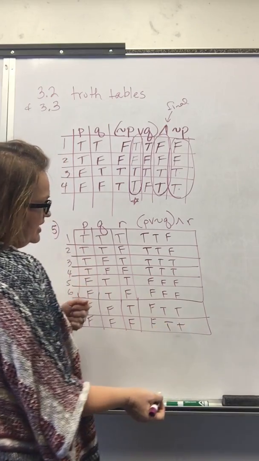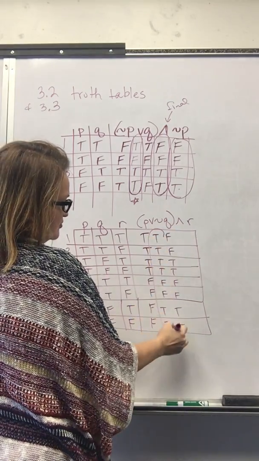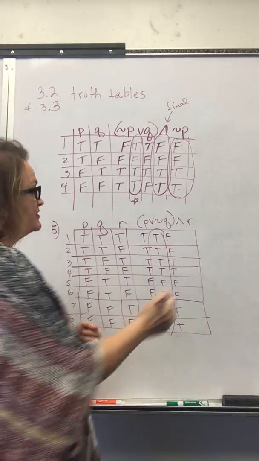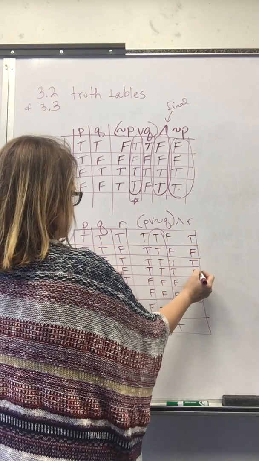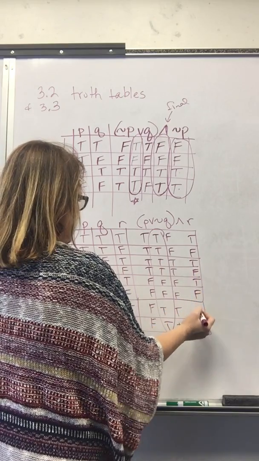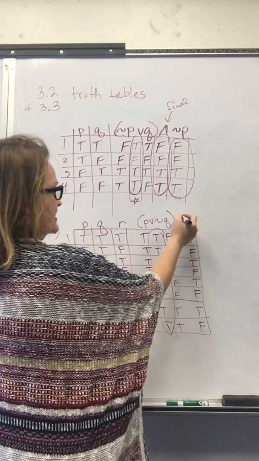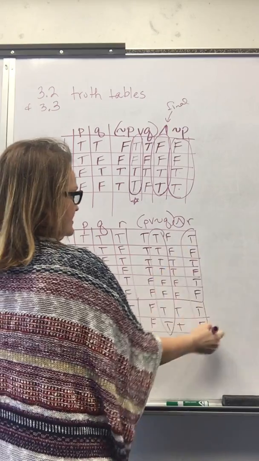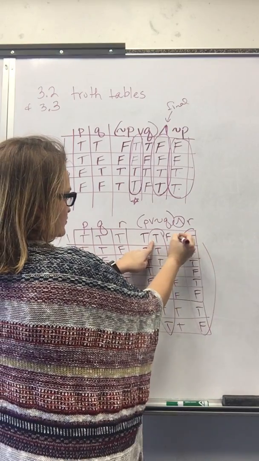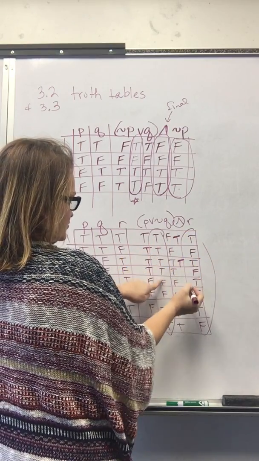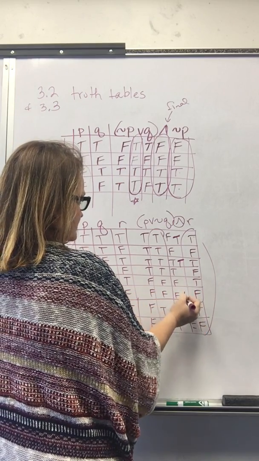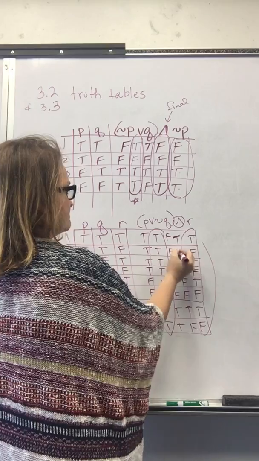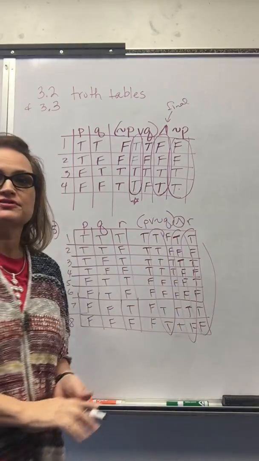And then, well, that's the answer to the parenthesis. And then we copy down R, just as it is. And then the last step is the AND rule, and we compare this and this. They have to be two true. So true, that one's true, there's a true, and everything else is false. Your answer there. That's your final answer.